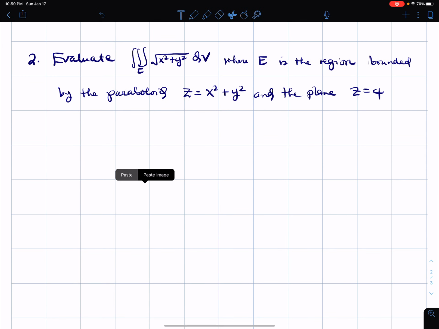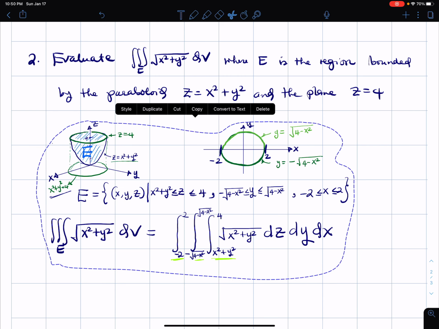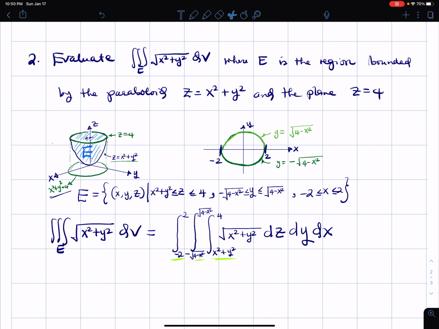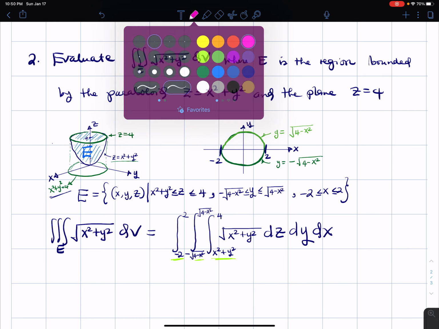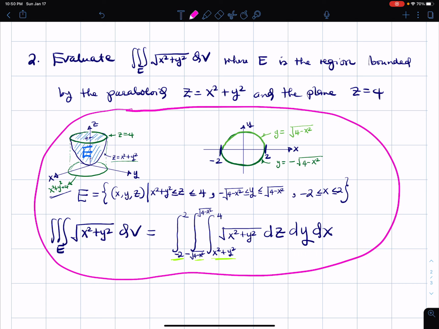So when we didn't have cylindrical coordinates, this was what we did. I'm going to box it in pink.